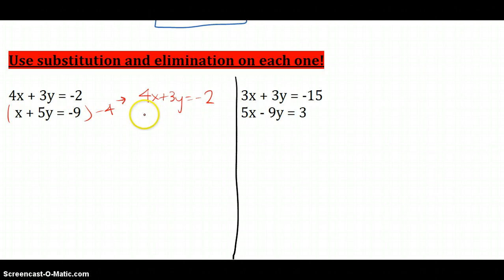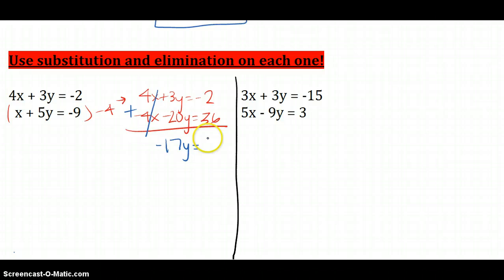My bottom, if I multiply everything by -4, is now this. And I'm going to add my two equations together, so my x's go away, and 3 minus 20 is -17. This is 34, divide by -17, and y equals -2.